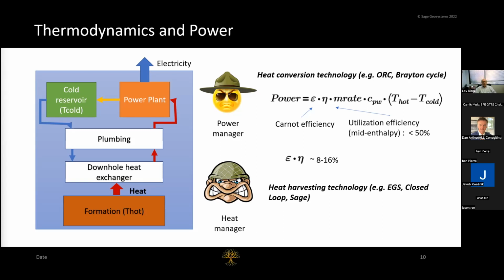You really need flow rate. It's all about flow rates and difference in temperature. Now, how you can get flow rate and how you can get hot water depends on what is happening downhole. So these two guys really need to work together to make this system efficient.